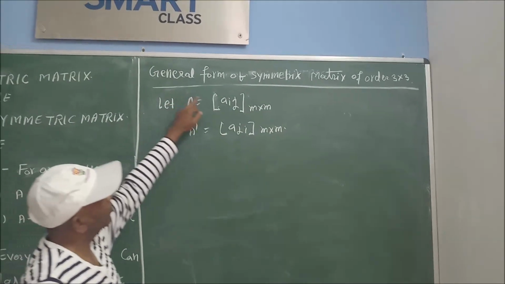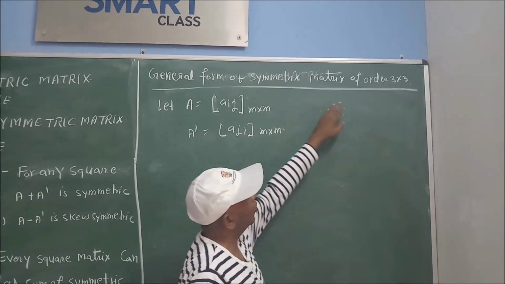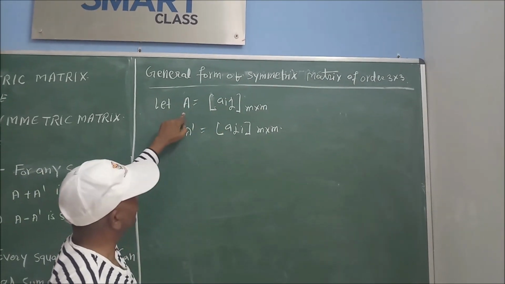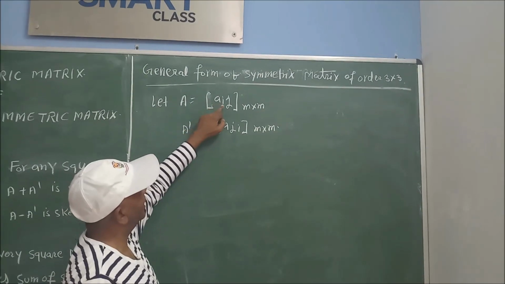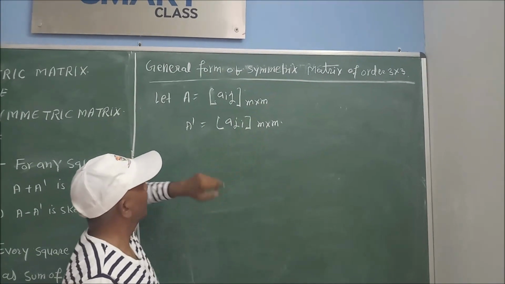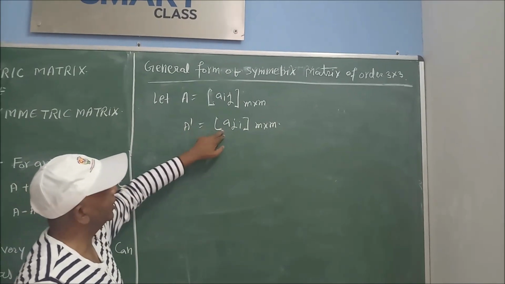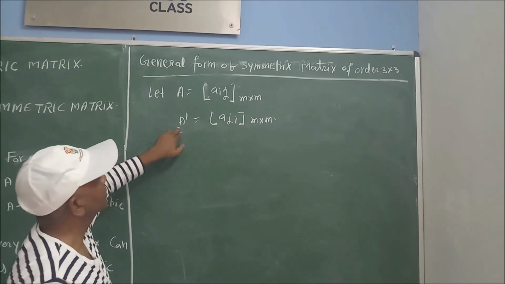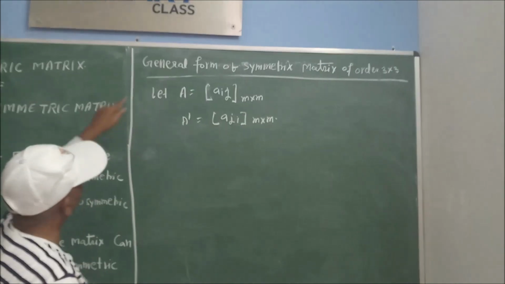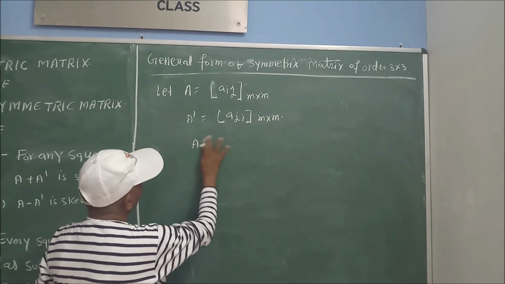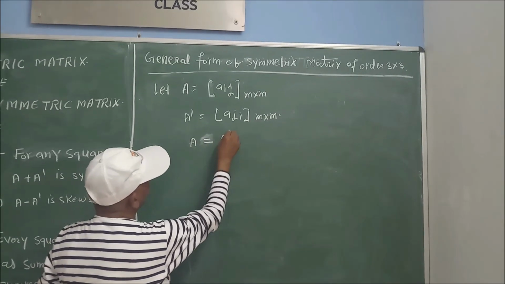General form of a symmetric matrix of order 3 cross 3. Let A be a matrix with elements a_ij, of order m cross m. This is a square matrix and A dash is equal to a_ji. This is its transpose. For a symmetric matrix, as we know, A is equal to A dash.